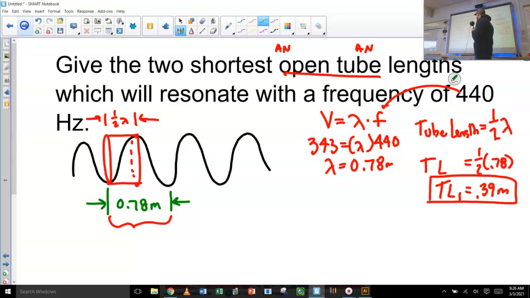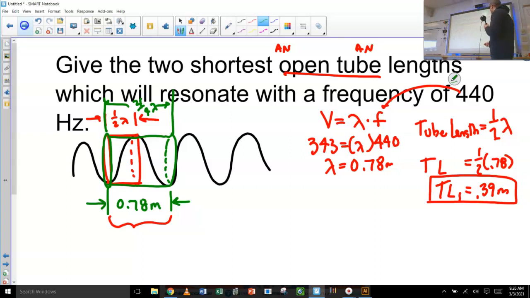My next tube length, I have to go from antinode. So here's an antinode. And now I'm not going to go to the first one, but now I'm going to go to the next one. So here's my tube length. And then this tube length, from here to here, is 4/4 wavelength. So the tube length is the wavelength, right?